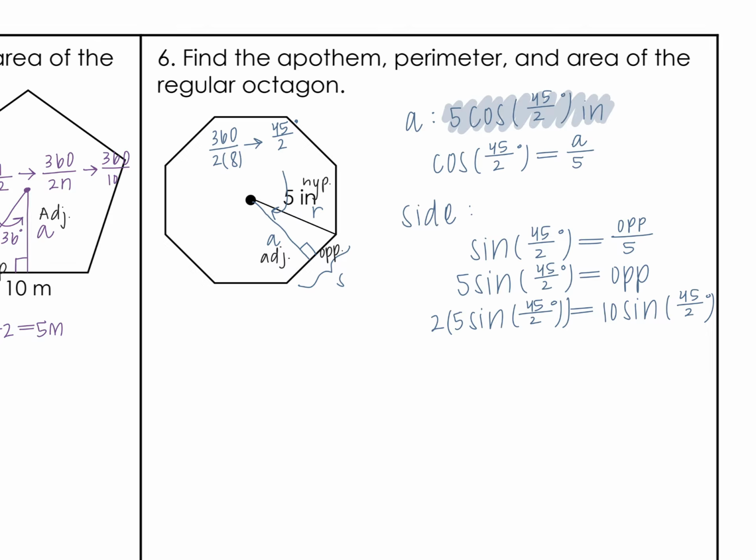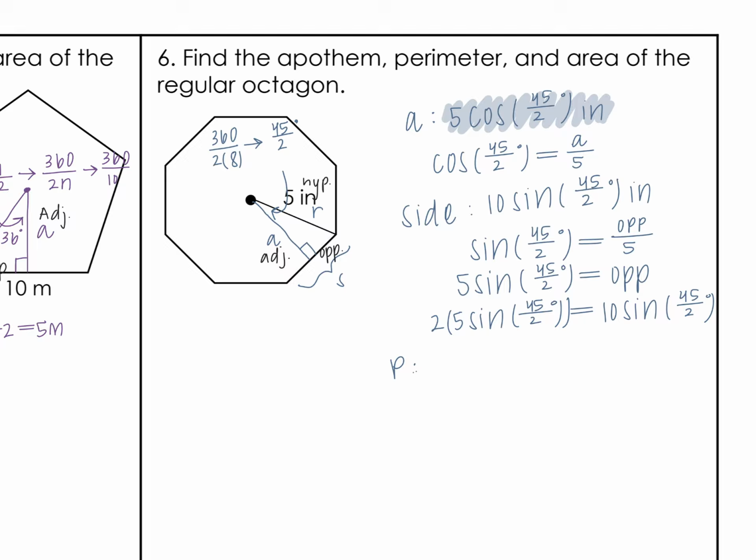So that's going to be my side length. Now, to clarify, this was not what I was asked for, but it's going to help lead me into finding that perimeter that I did need to know.